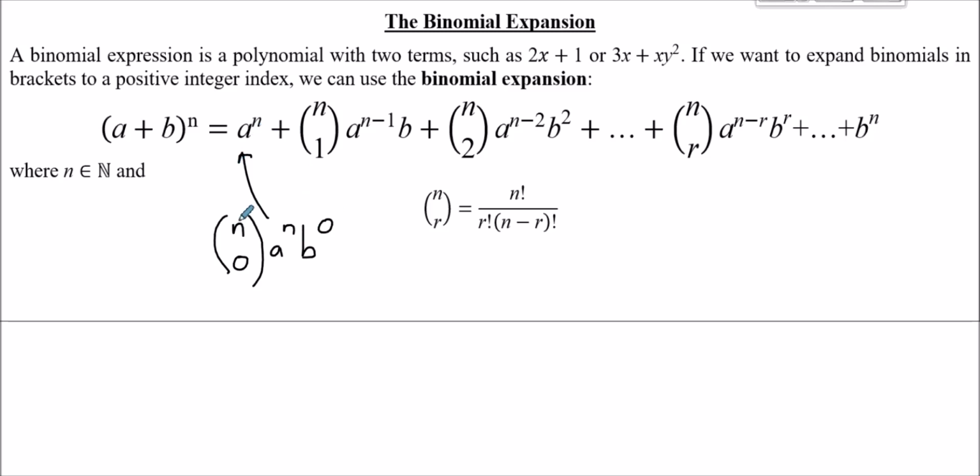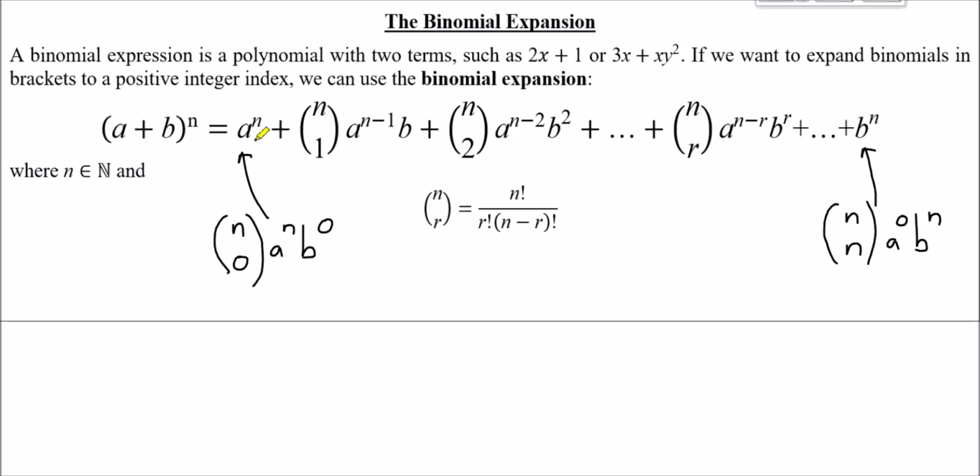And so it starts n choose 0, n choose 1, n choose 2, n choose 3, n choose 4, all the way up to the end, which is n choose n. The power of a goes down until it reaches 0, and the power of b goes up until it reaches the same power as what the brackets have been raised to.